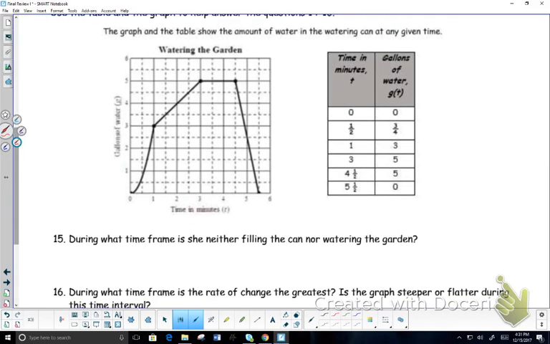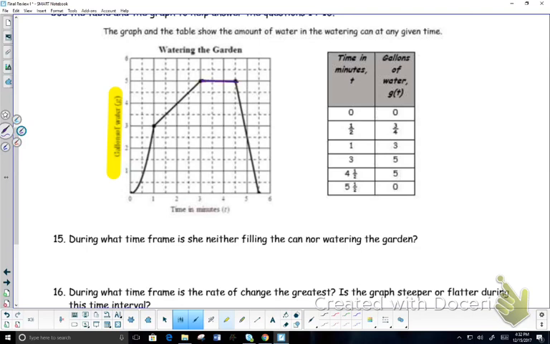Oh, the watering garden deal. Let's see. During what time frame is she neither filling the can nor watering the garden? Well, if she's not filling the can, then the gallons of water are not increasing. I just meant to draw attention to it. And if she's not watering the garden, then it will not be decreasing.